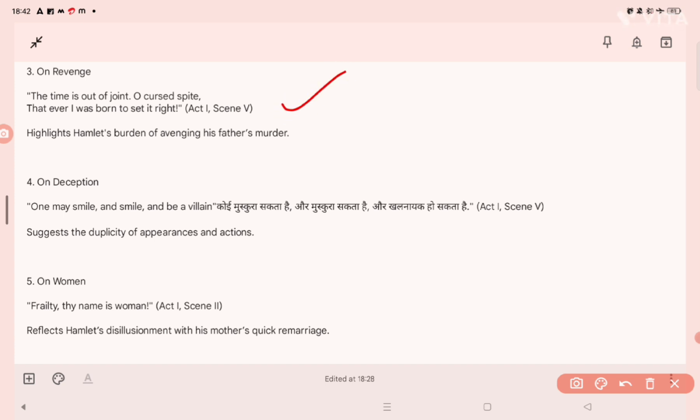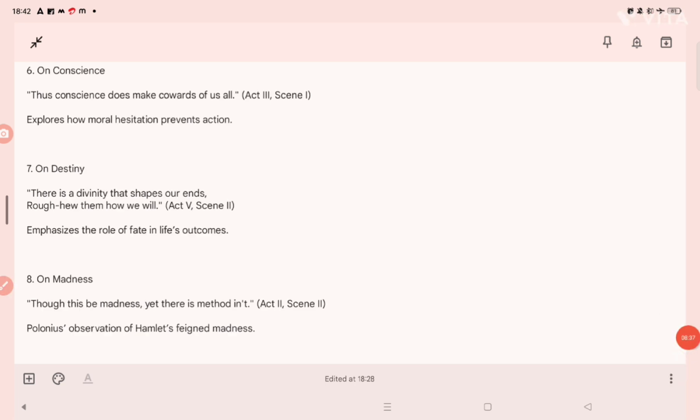"One may smile, and smile, and be a villain." "Frailty, thy name is woman." "Thus conscience does make cowards of us all." "There's a divinity that shapes our ends, rough-hew them how we will."